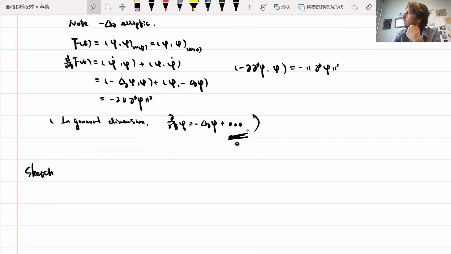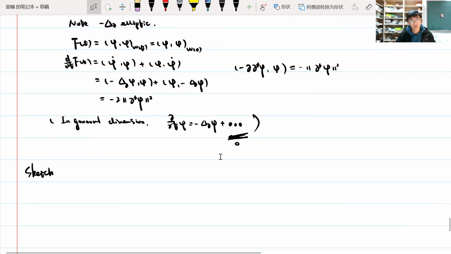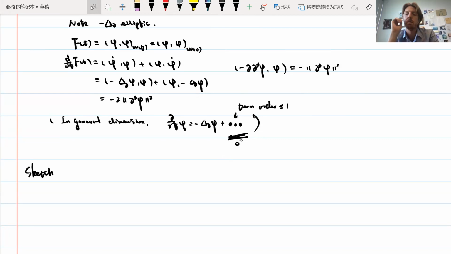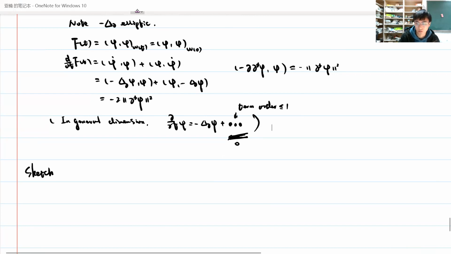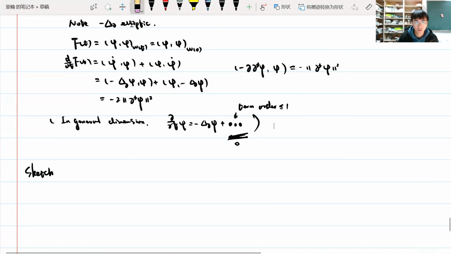So it may not be a heat equation, but there is some term of order less than 1. Maybe we can compute it now. I think it's a little interesting in the surface case.